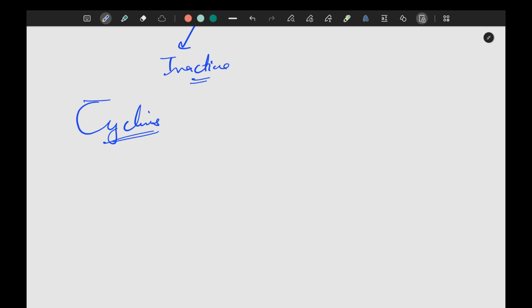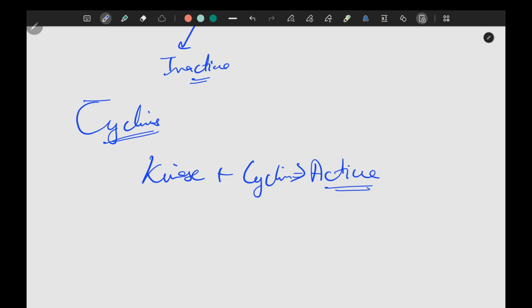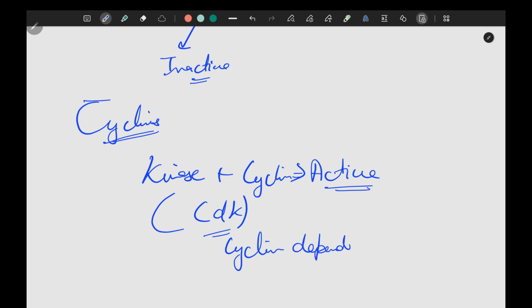Why? Because kinase plus cyclin forms a pair that results in an active complex. This whole thing is called CDK, which means cyclin-dependent kinases.